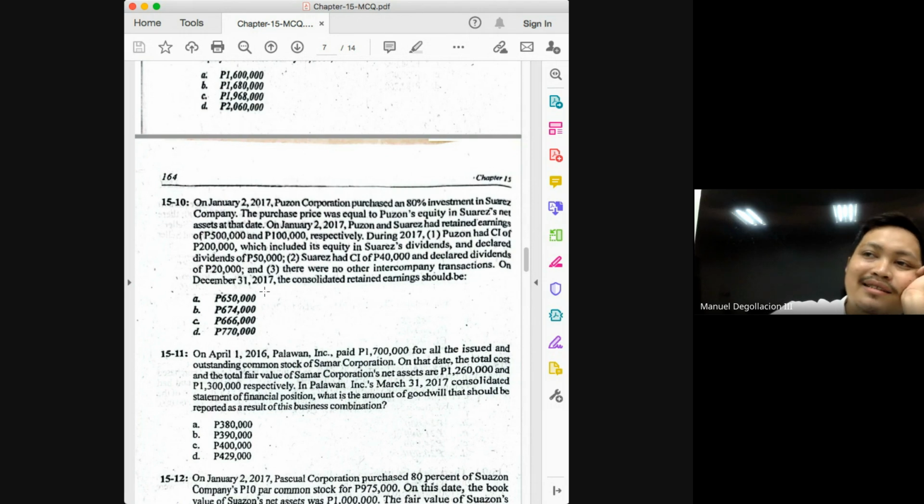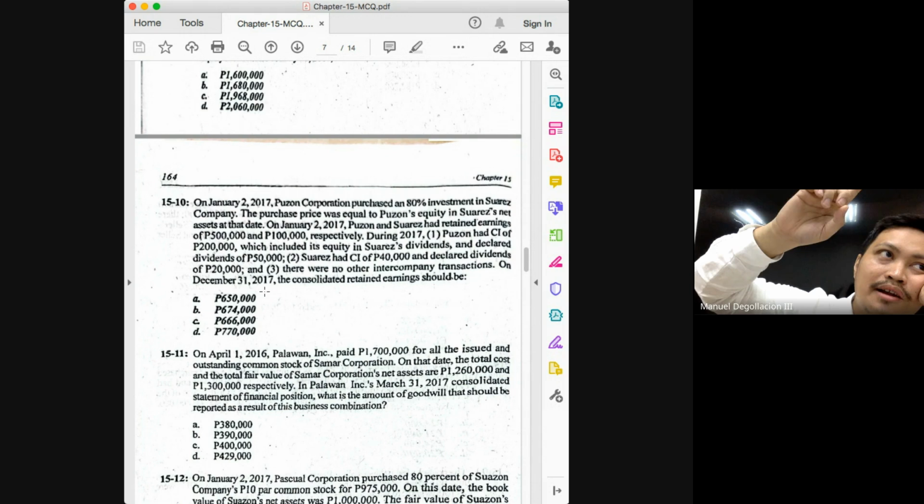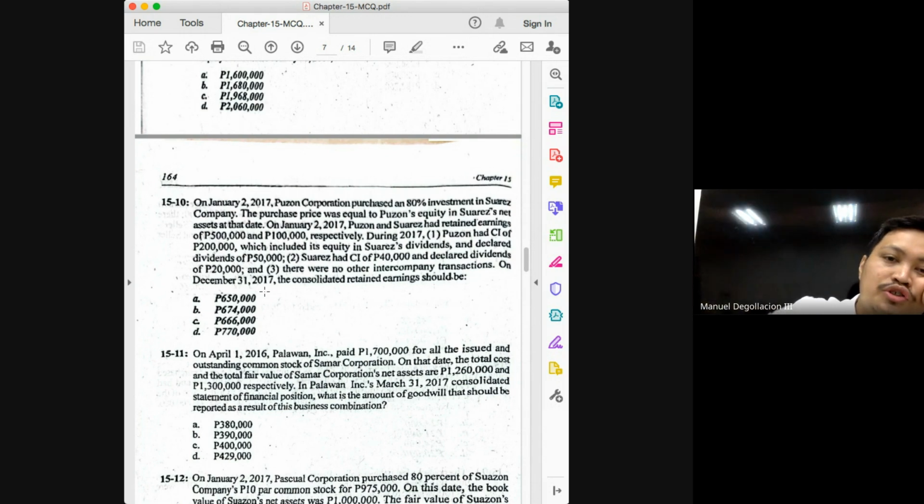So basically, class, in computing for the consolidated RE ending, where do we begin? Consolidated RE beginning plus consolidated income under the parent approach, or the consolidated income attributable to the parent. Then, if it's a loss, minus. Then what else? Deduct dividends.